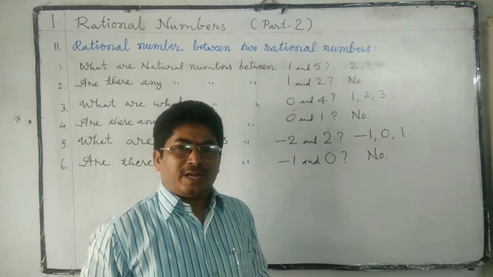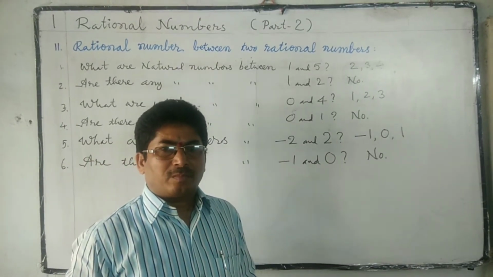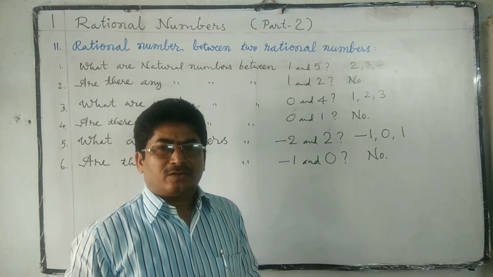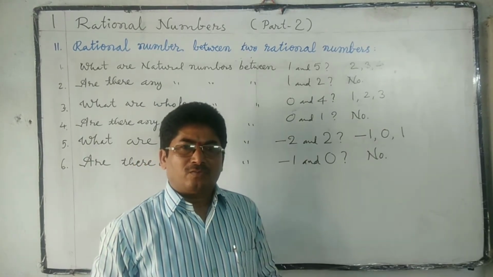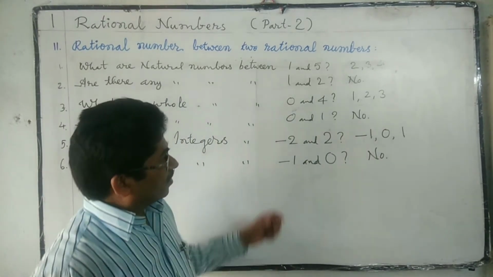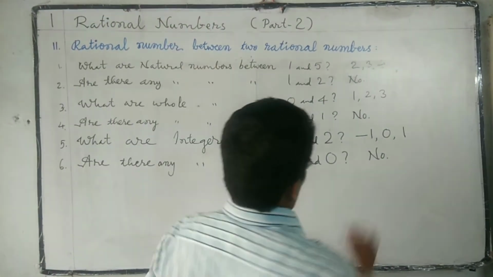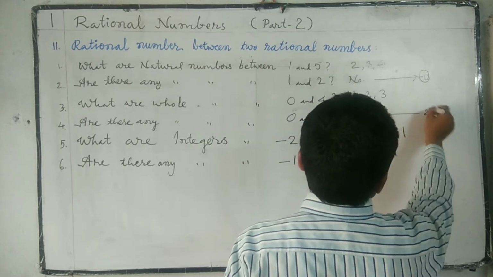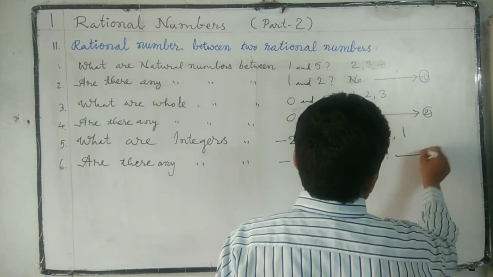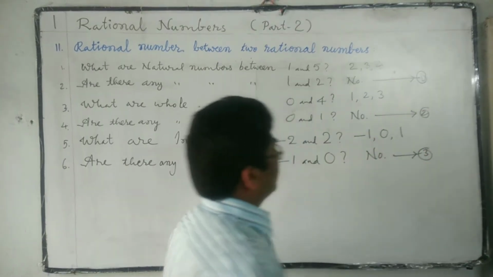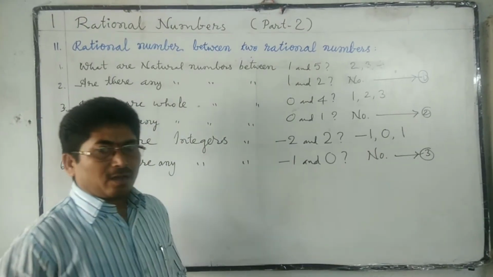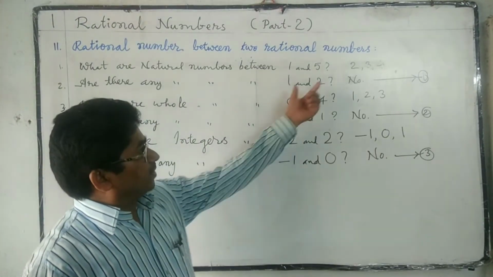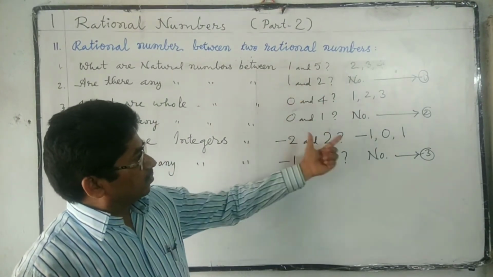Did you find any? Yes, we can find by observing this. 1, 2, 3. Any two successive numbers, 1, 2.